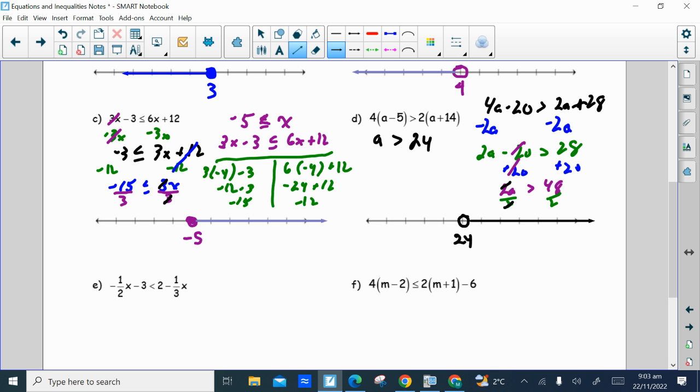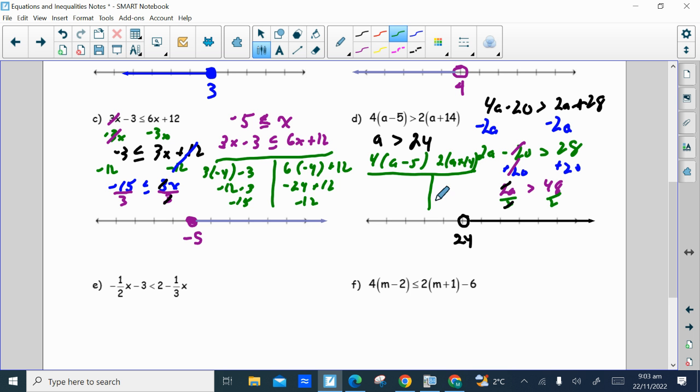So a number greater than 24 could be 25. So if I'm checking this, when a is 25, 25 take away 5 is 20, and 4 times 20 is 80.